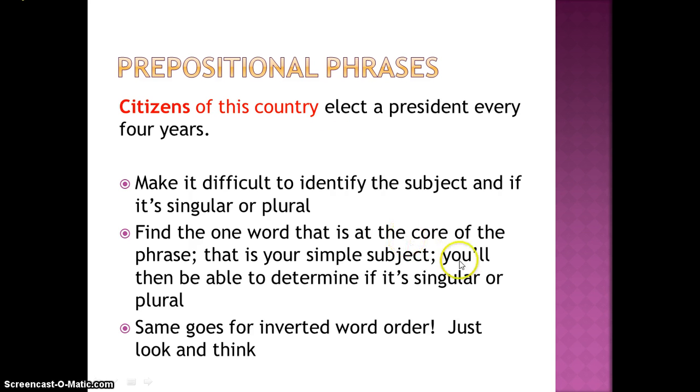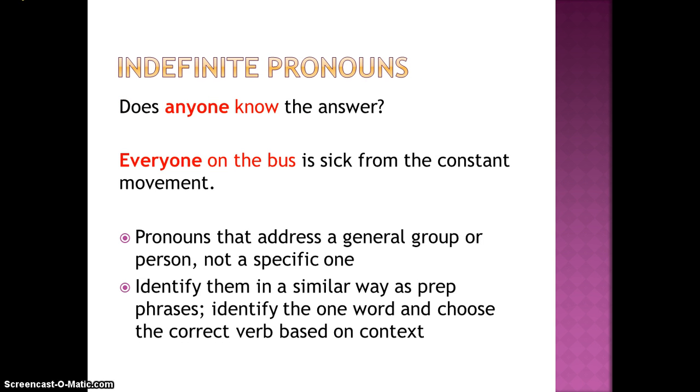Okay? Even if you have a sentence in reverse word order, just find what your subject is, the simple subject, and the simple subject will help you determine if the subject is singular or plural, and then you can adjust your verb accordingly. Okay? You just have to look, and you have to think about what you're doing and what you're looking for.